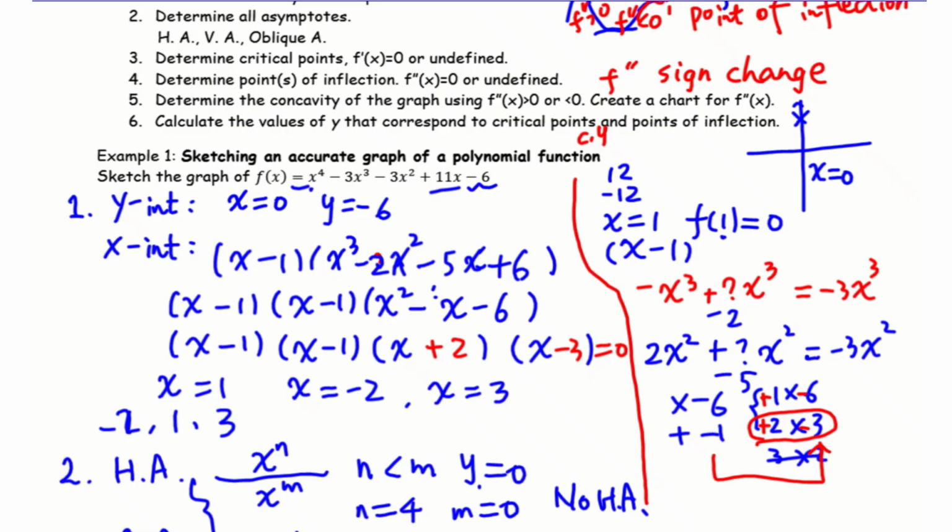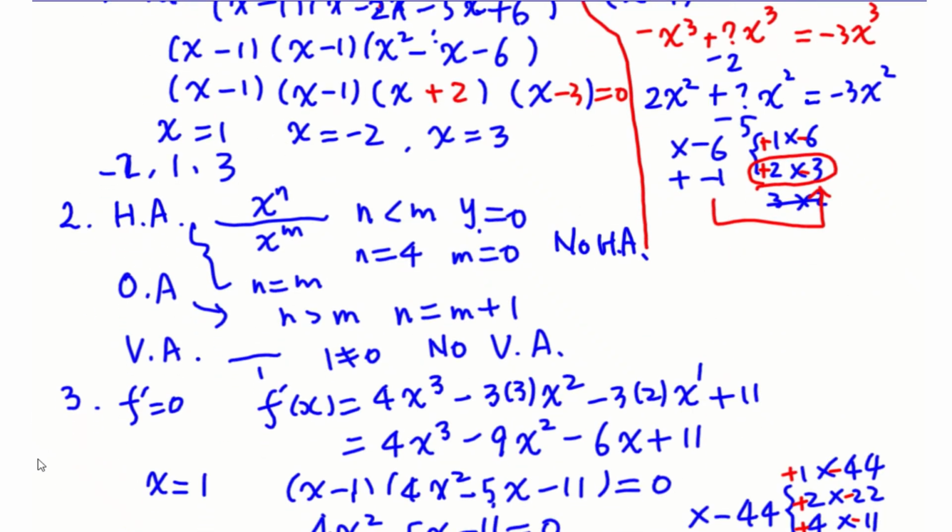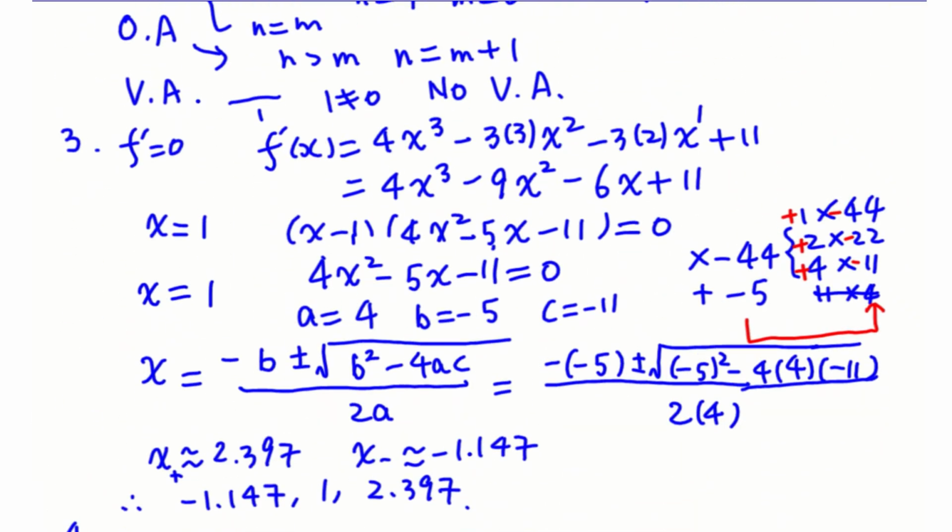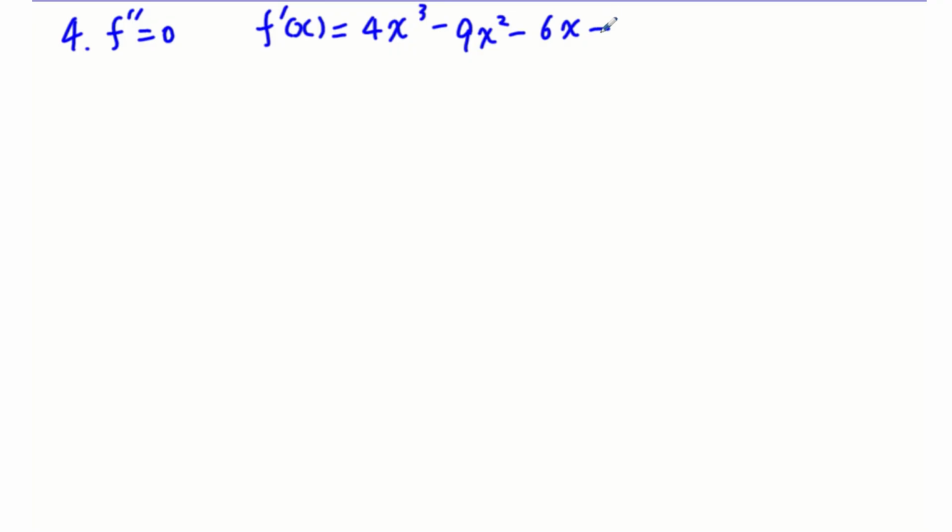So we are going to copy this one to the other side. So f prime, then we do the derivative of this one again to the next page. So step 4, we find the double prime equals 0 or undefined. F prime x, we copy it here, is 4x cubed minus 9x squared minus 6x plus 11.